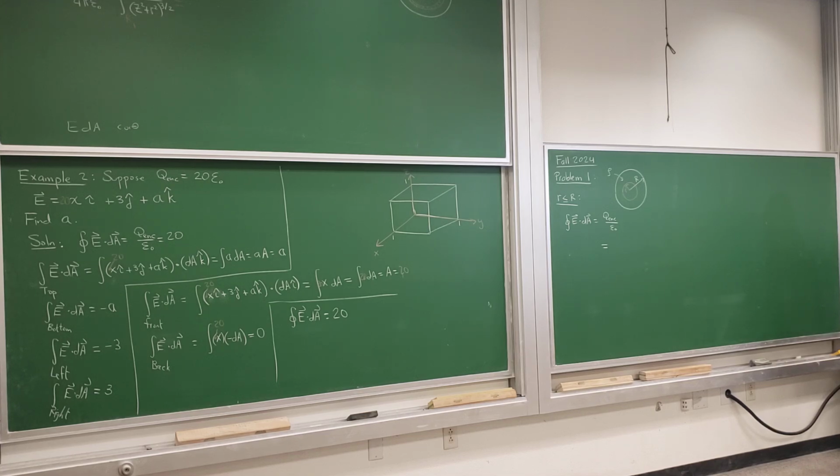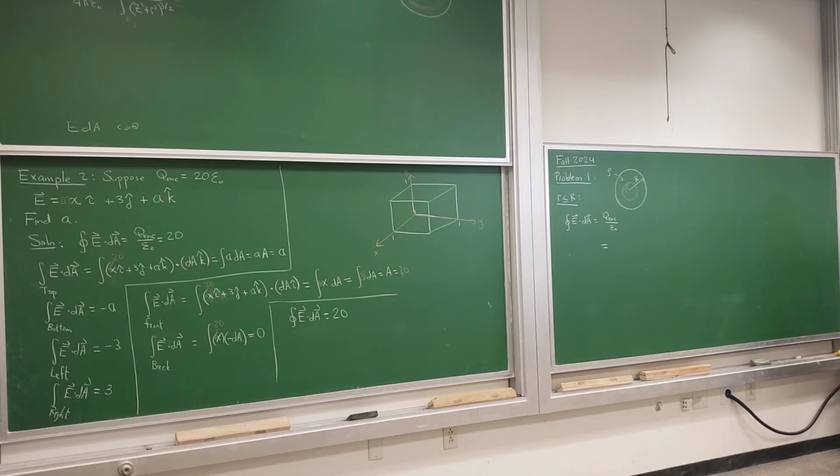So E dot dA becomes E dA. And if little r is constant on the surface of that sphere, E is constant, so we can pull it out of the integral. So it becomes EA on the left side. And what is A? The surface area of the sphere.